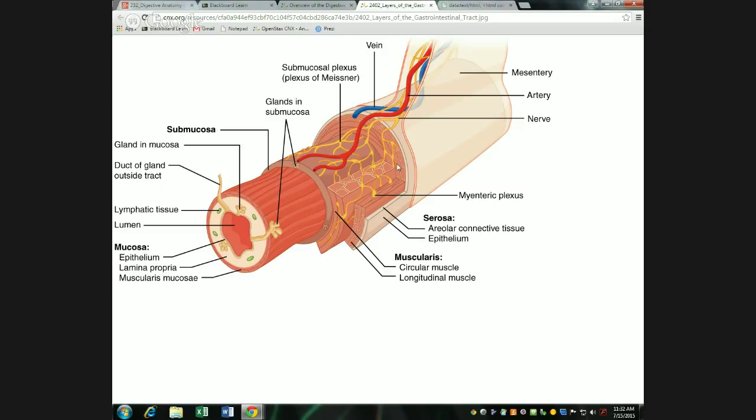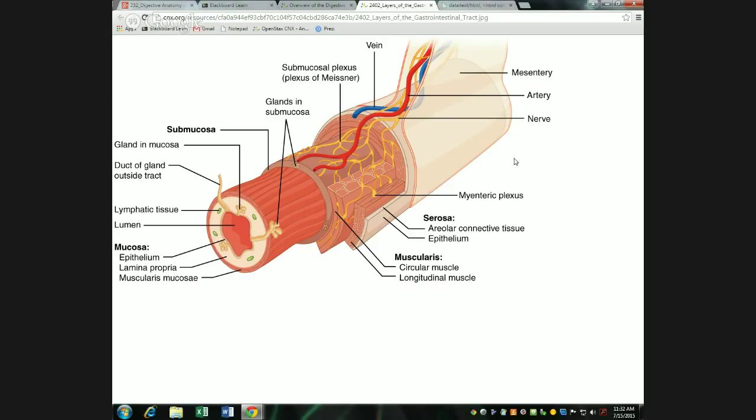A word about the nervous tissue here. This is the enteric nervous system, which is a term just referring to its peripheral structure in the gut. Again, enteric basically means guts. But also keep in mind that this is autonomic in function.